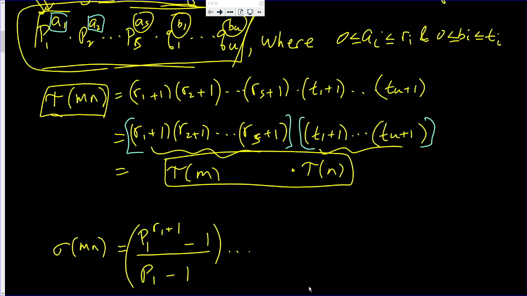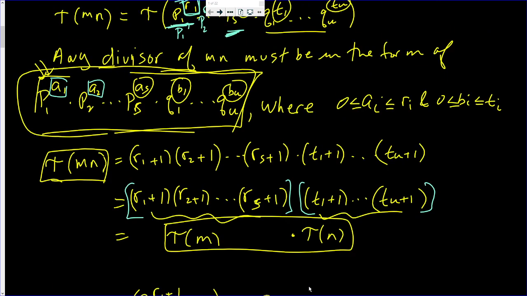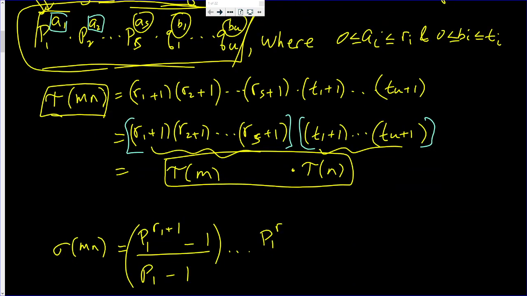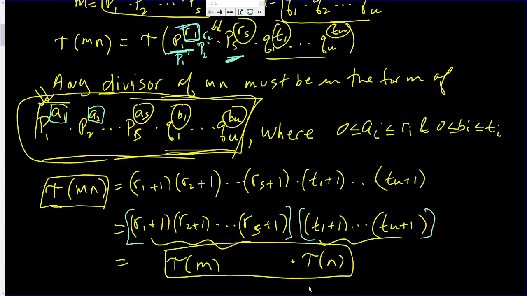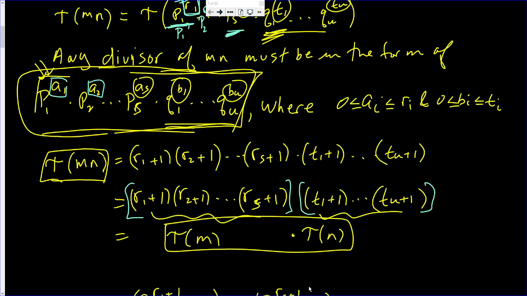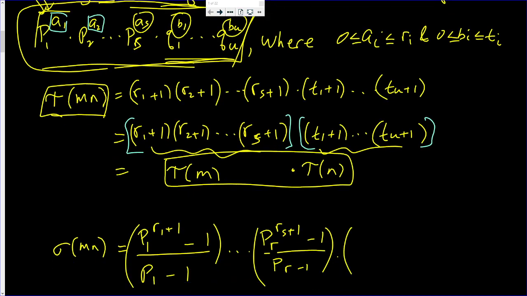It's going to be p1 to the r sub s plus 1 minus 1 all over, p sub s, excuse me, p sub r minus 1, times, now we go on to these. q1 to the t sub 1 plus 1 minus 1 all over q1 minus 1.